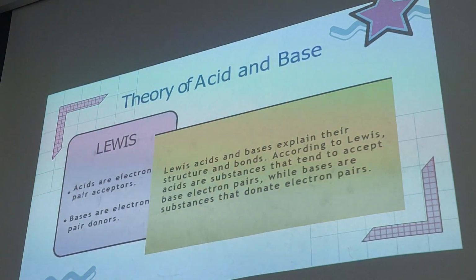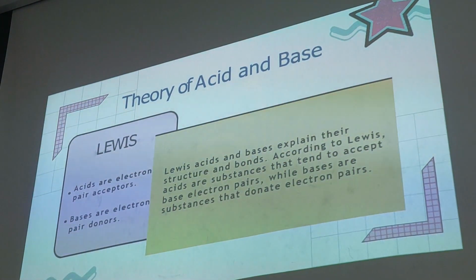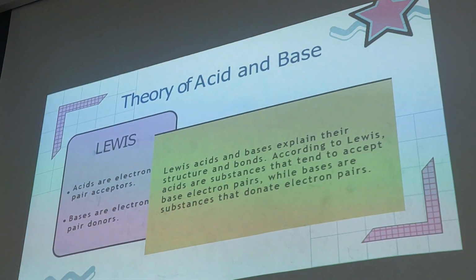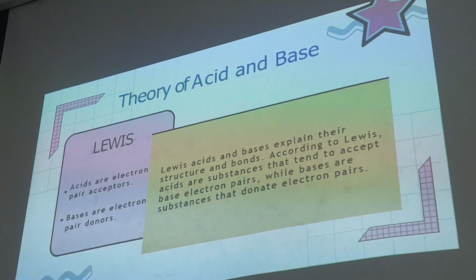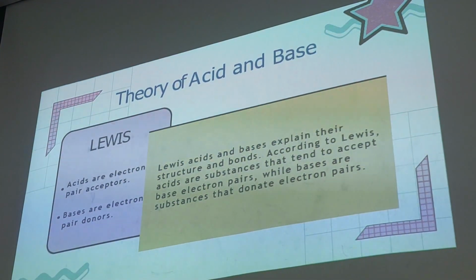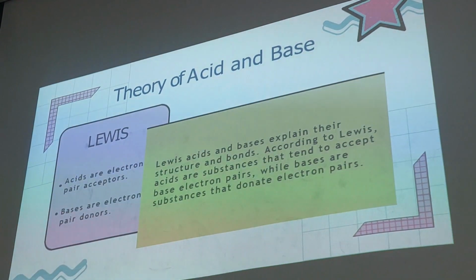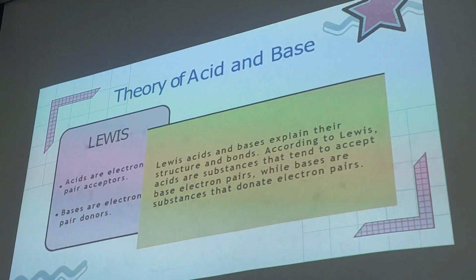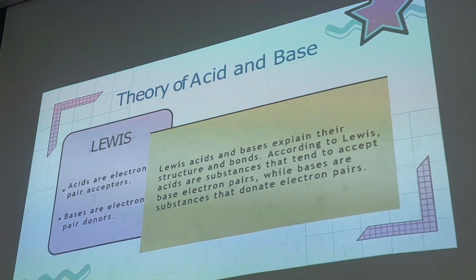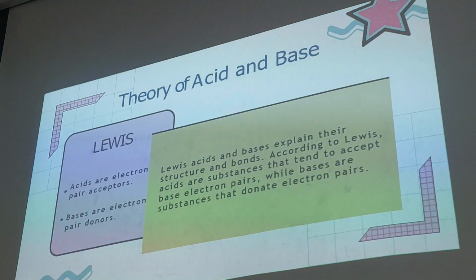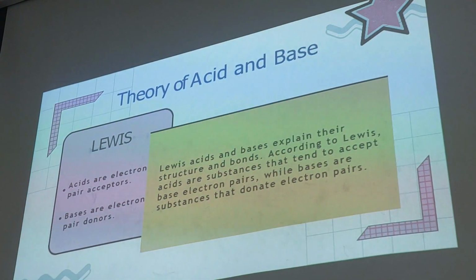So which one is the central atom in this compound? N. Why N? The least amount of atoms. This is just one atom, and this is three atoms. So the central atom is N.